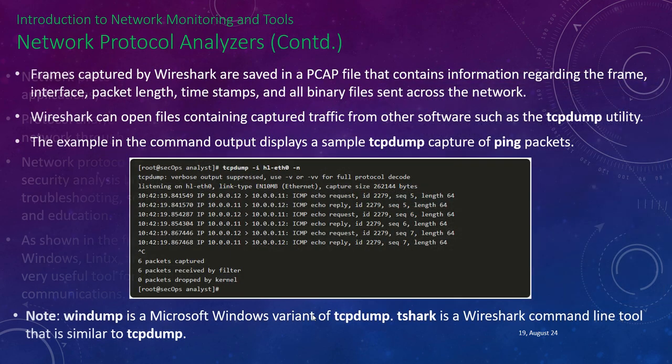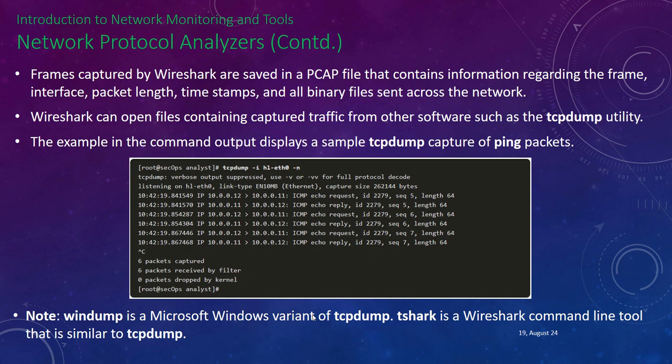Okay, the frames captured by Wireshark are saved in pcap files. The file extension is pcap, and it contains information regarding the frame, the interface, the packet length, the timestamps, and all the binary data sent across the network.